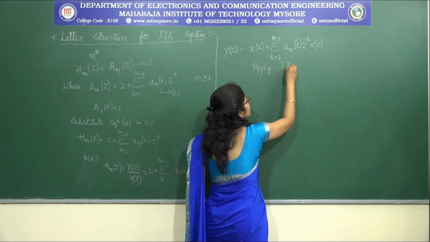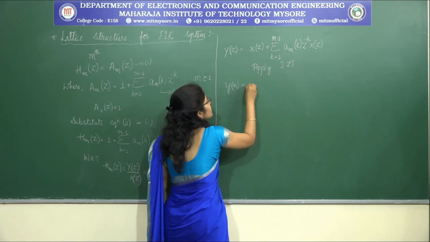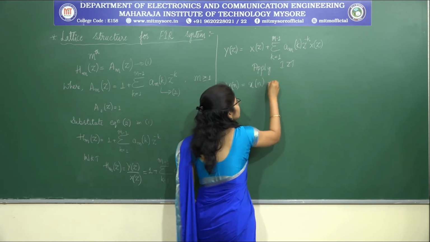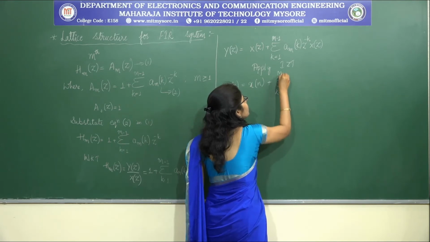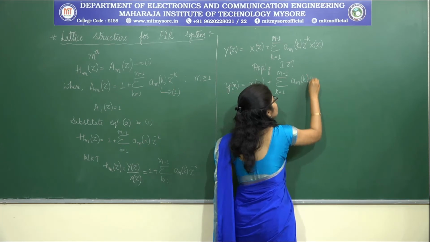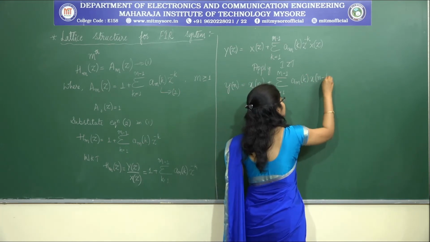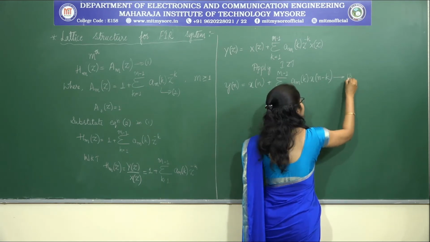If I apply inverse z transform to this, y of n will be equal to x of n plus summation k ranges from 1 to m minus 1 Am of k into x of n minus k. Let us term this as equation 3.